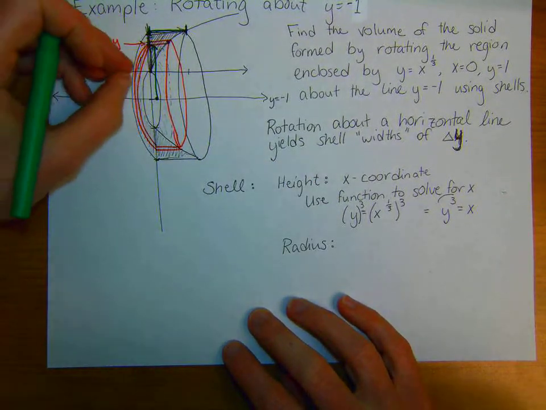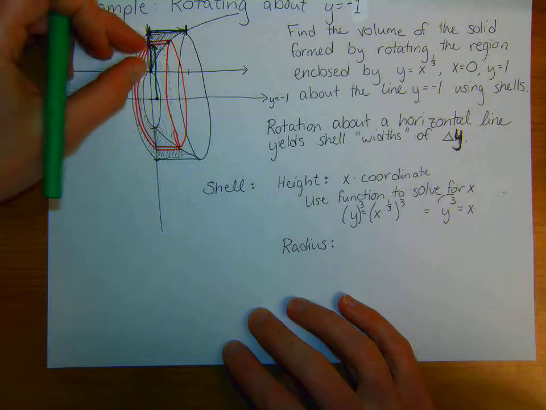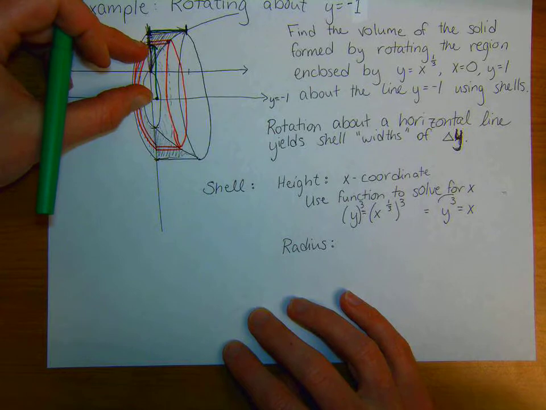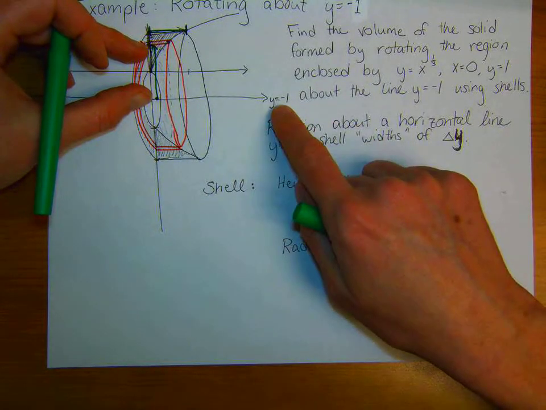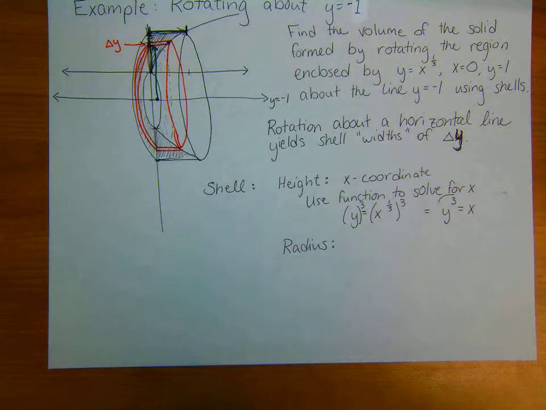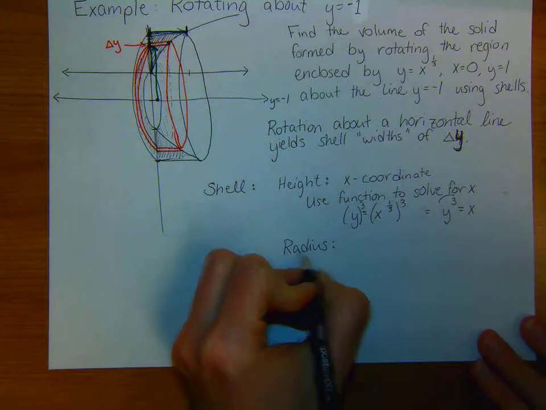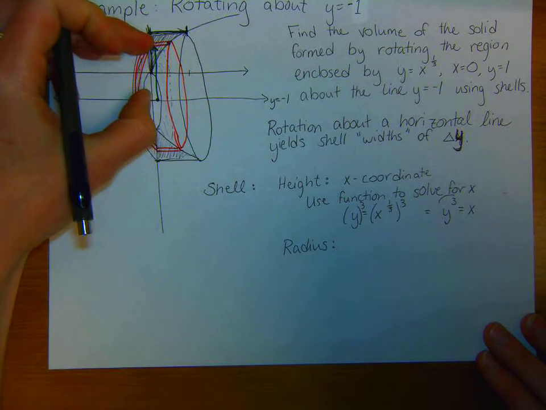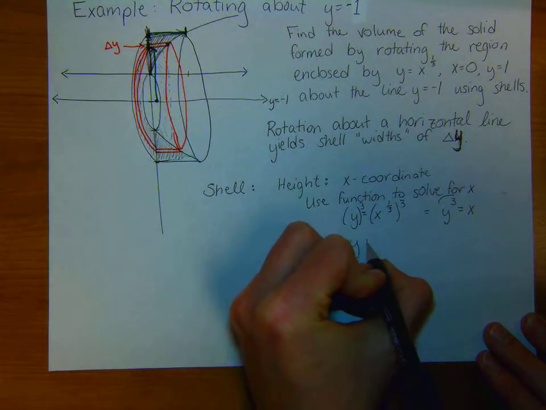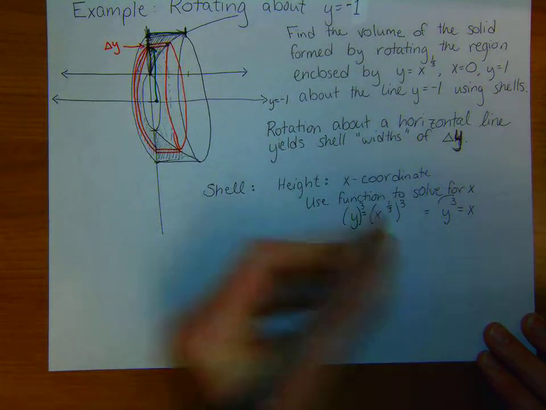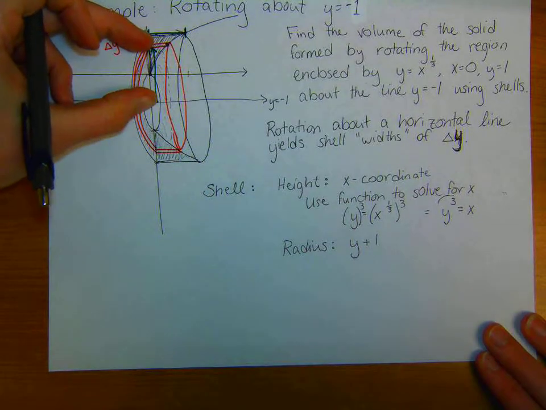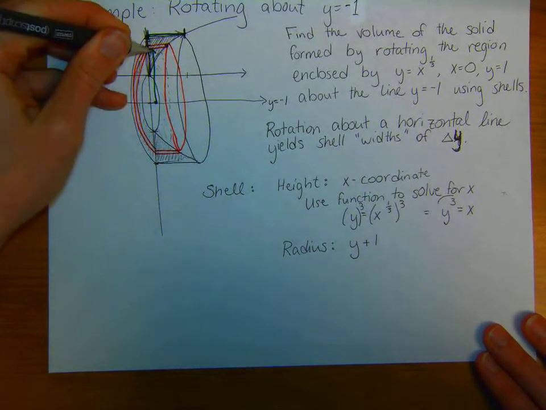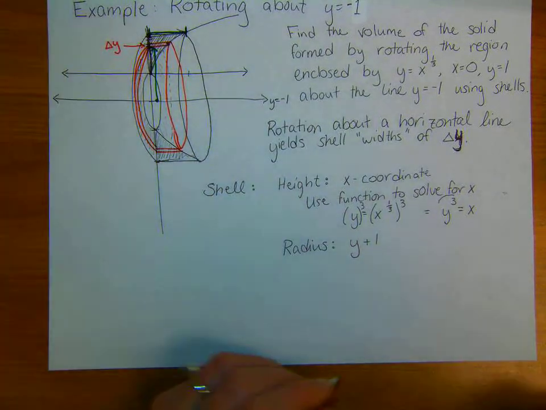It's going to be 1 bigger than the y value because we're rotated around this line, y equals -1. So the radius is y plus 1, because we're rotating around this line that's 1 further away. I'm measuring the radius of this shell in green.